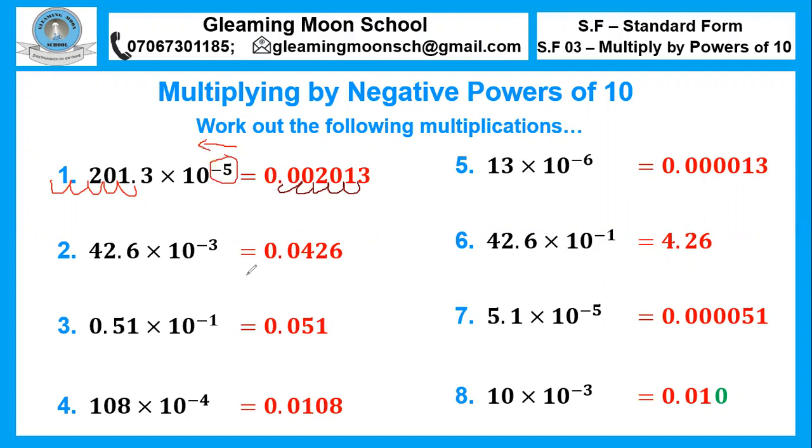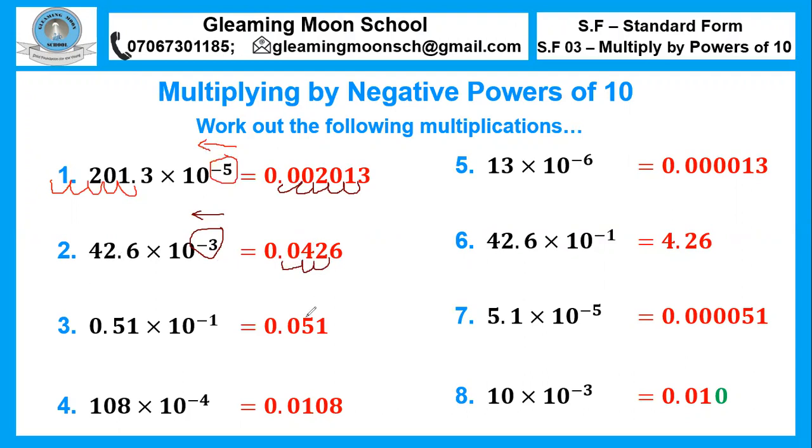In the same way, number 2, 42.6 times 10 raised to the power of -3. Because your power is -3, you're moving your decimal point to the left. Your decimal point originally is between 2 and 6, and you're moving it 3 times: 1, 2, and 3.